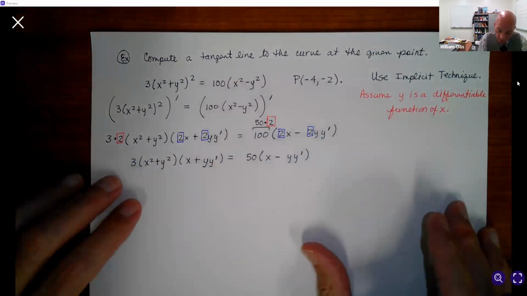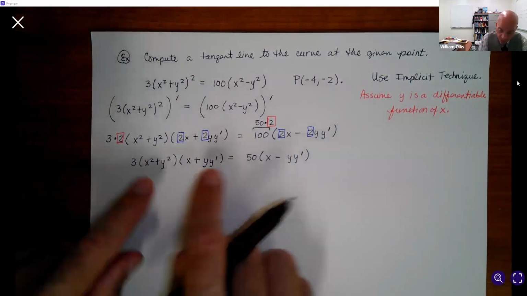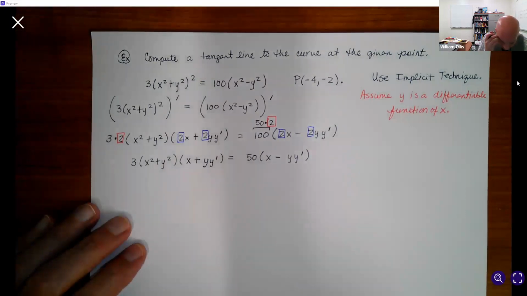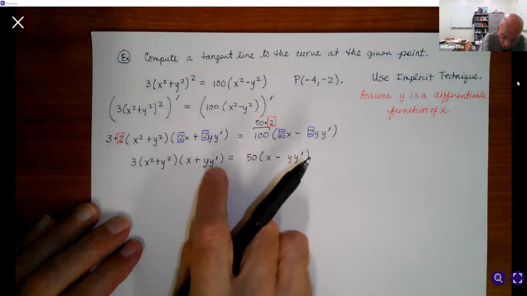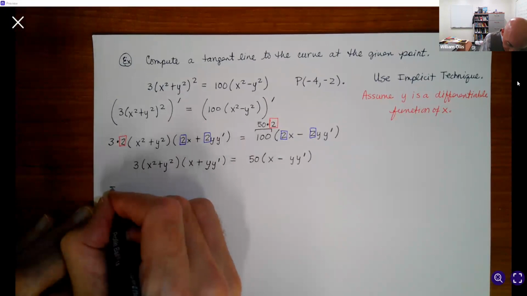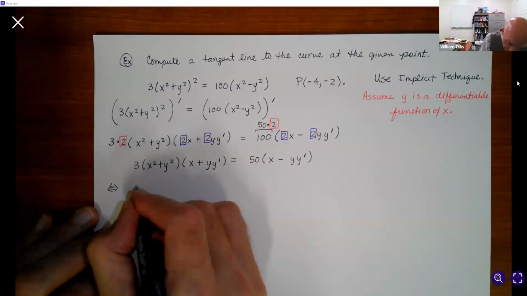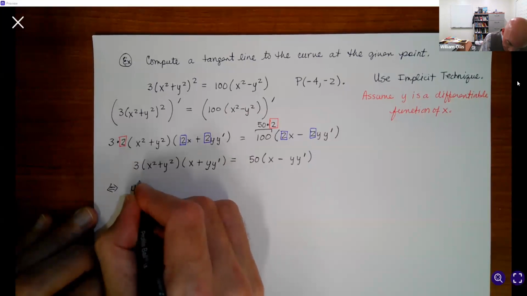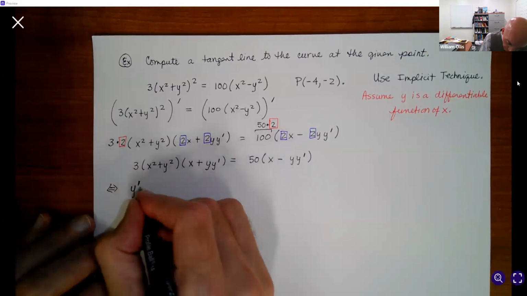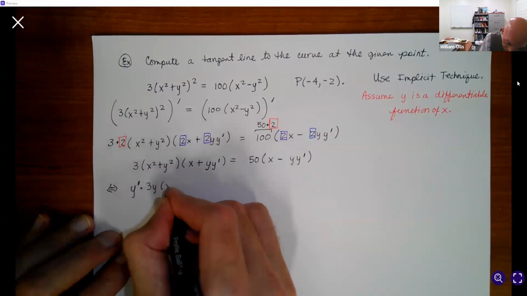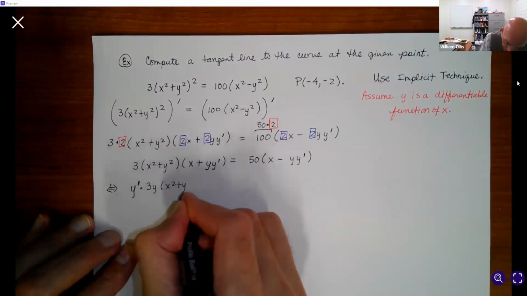So now what we want to do is get the y primes together. So let's go ahead and multiply things out to do that. Notice here, and this will be the easiest way to do this, we have the y prime times all of this. So let's do that first. Equivalently, I'll just write the y prime first, y prime, and then just stick the y in with the 3 times x squared plus y squared, 3y times x squared plus y squared.